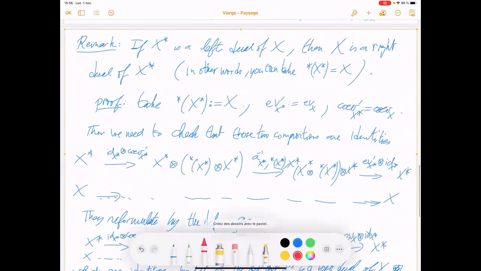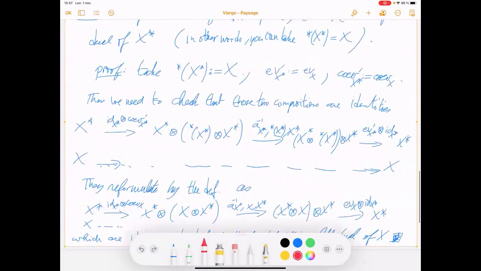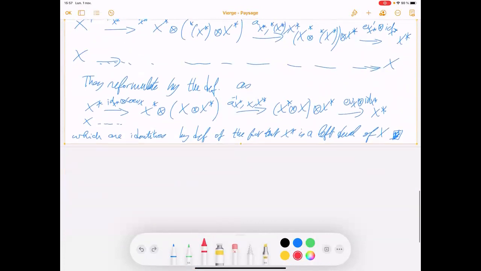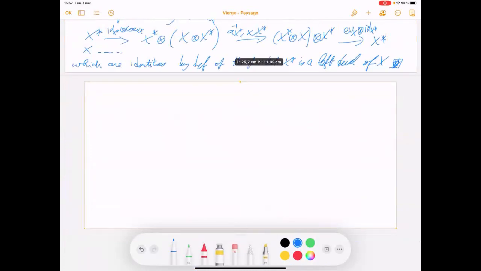If X star is a left dual of X, you can take the right dual of X star to be X, and it's okay. This is one right dual. So we will see later that the left and right dual are unique up to isomorphism.